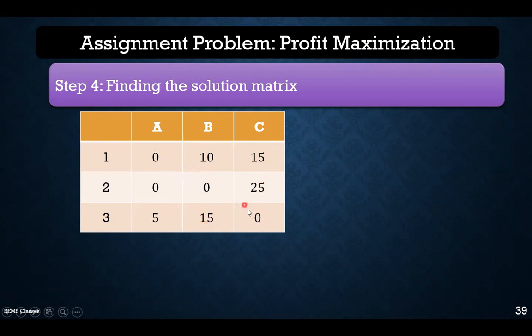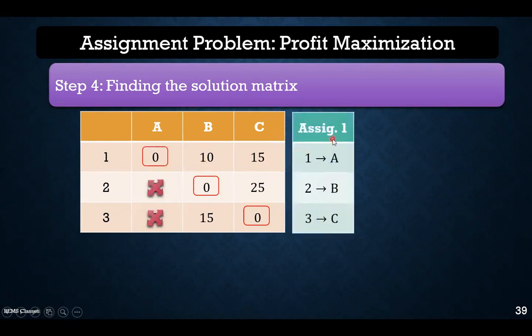So we'll select these 3 values. This is the assignment we have obtained. We have assigned job A to 1, job B to 2, and job C to 3, on the basis of the Hungarian method.